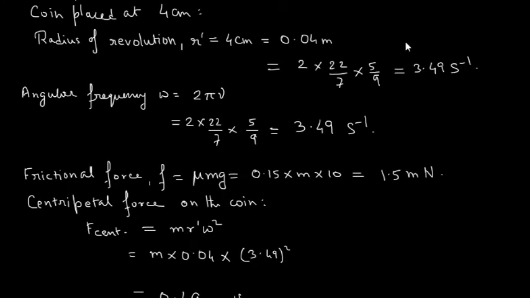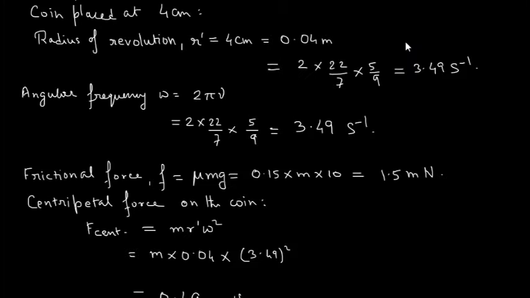Coin placed at 4 centimeter, radius of revolution r dash is equal to 4 centimeter, that is 0.04 meter. nu is equal to 2 into 22 upon 7 into 5 upon 9 is equal to 3.49 per second.